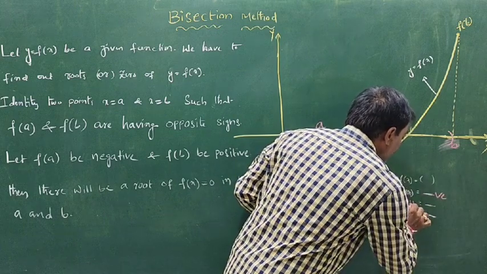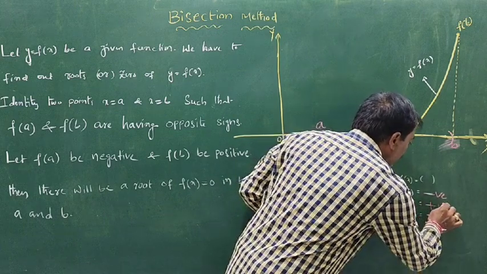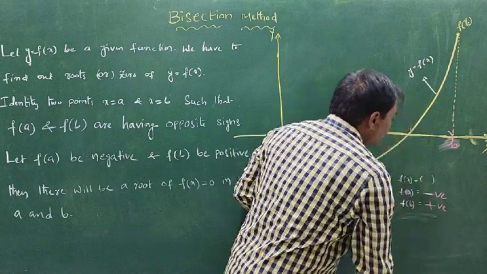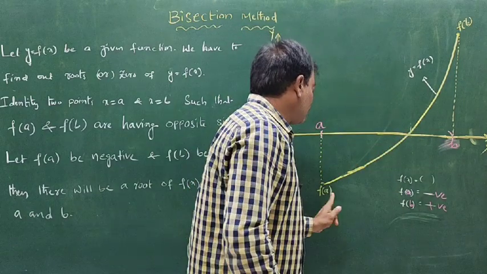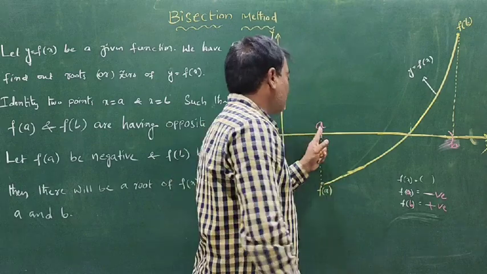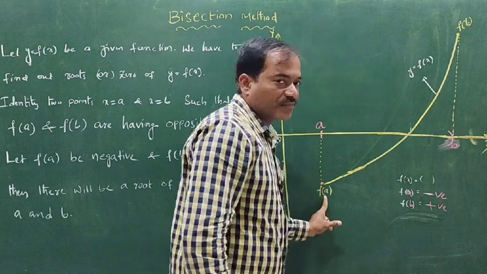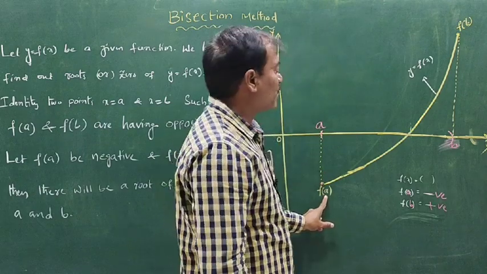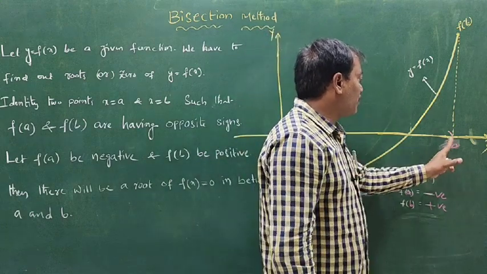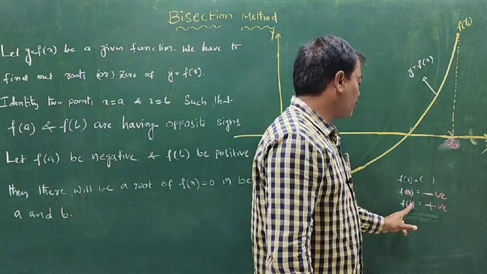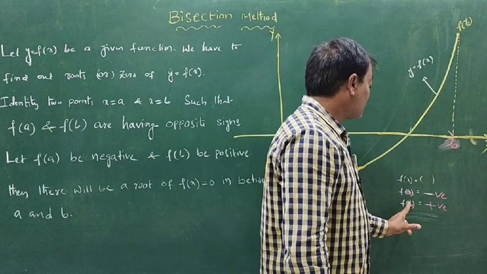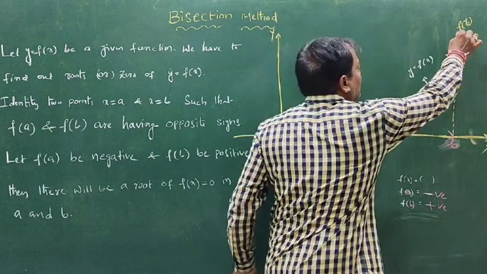When we substitute the next value b, we get a positive value. So f of a is negative, meaning when x equal to a, the function value f of a is negative. When x equal to b, we substitute x equal to b in this equation, we get a positive value.